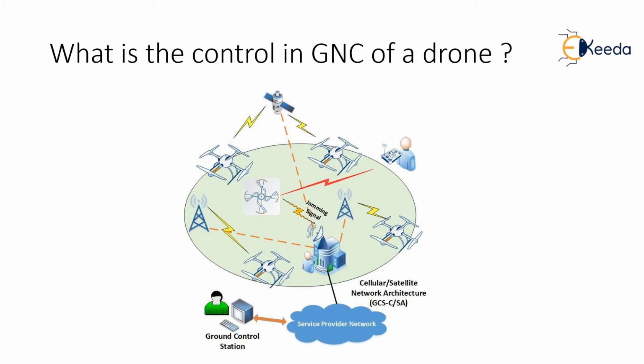UAVs and drones require hardware and software elements that will allow the aircraft to be controlled remotely, either directly by the pilot or autonomously by an onboard computer. UAV flight dynamics are highly variable and nonlinear, and so maintaining attitude and stability may require continuous computation and readjustment of aircraft's flight systems.